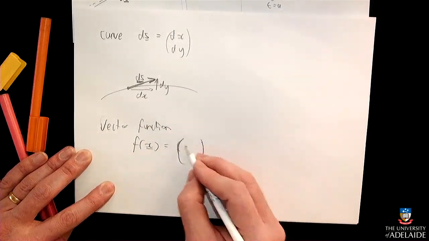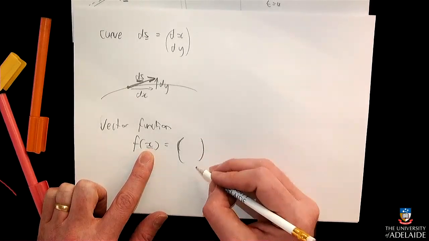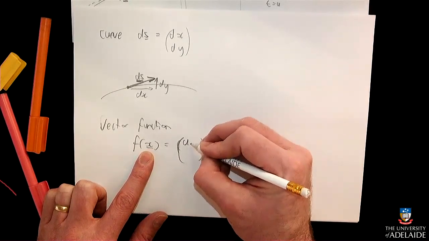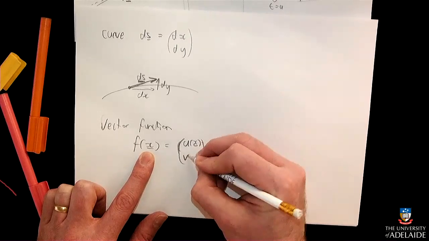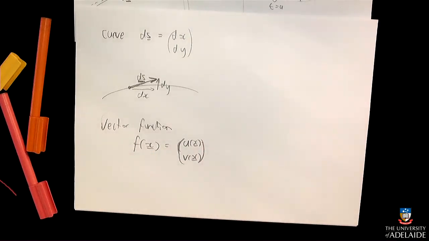There'll be some function of x and y to produce the first coordinate, and some function of x and y to produce the second coordinate. That's how a vector function works. It produces two coordinates. I'm going to call them p and q.